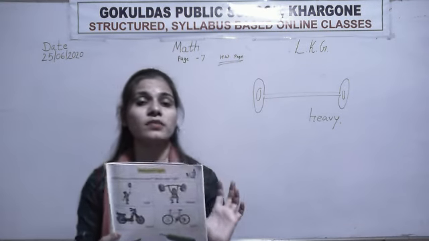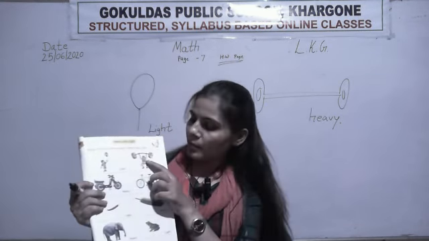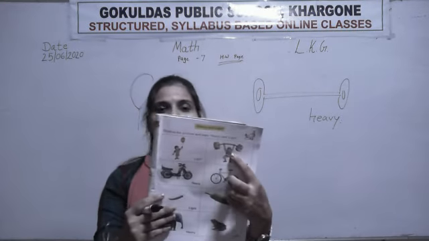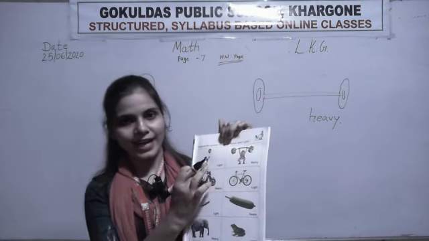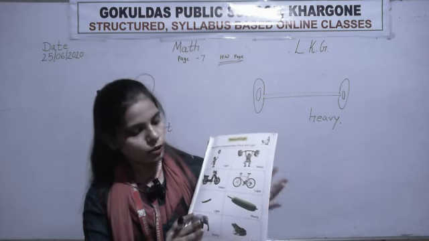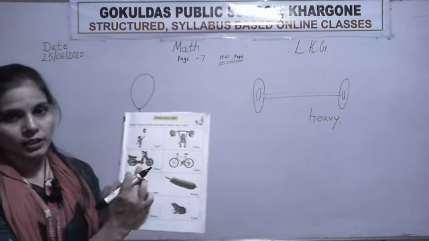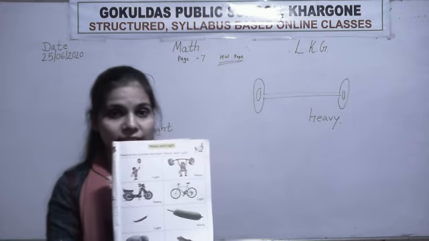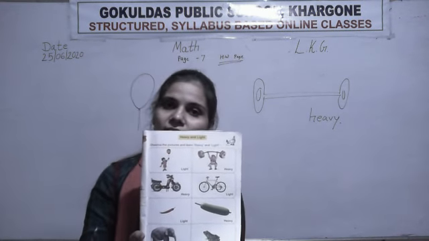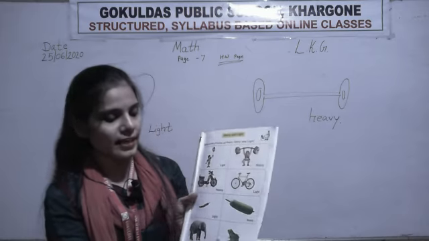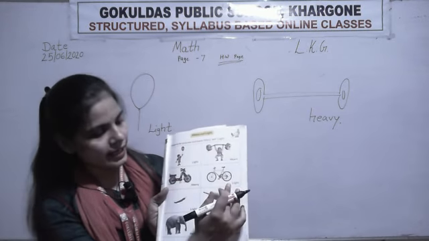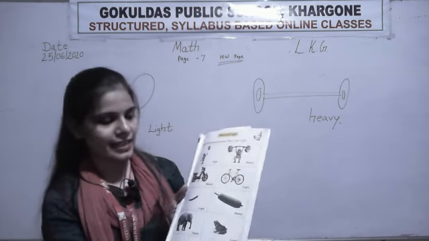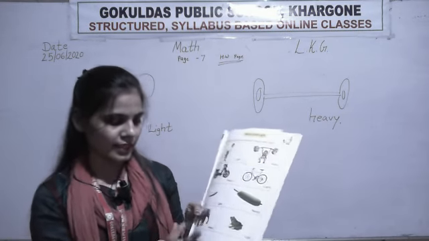According to their weight, the balloon's weight is very light and the dumbbell's weight is very heavy. So light and heavy. Okay, next is scooter and bicycle. Scooter is very heavy and bicycle is very light in weight. So scooter is heavy and bicycle is light according to their weight.